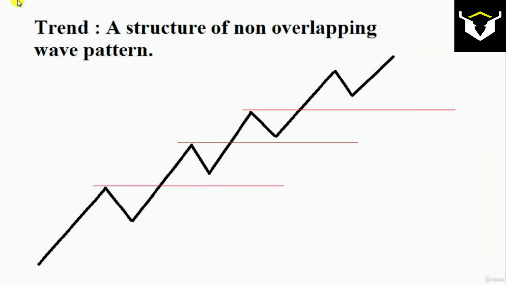You can see no correction mixes, touches or intermingles with its previous correction. Every correction is well above its previous correction, suggesting that this is a non-overlapping wave structure. And thus, when you see a non-overlapping wave structure, it is safe to assume that it is in a trend.